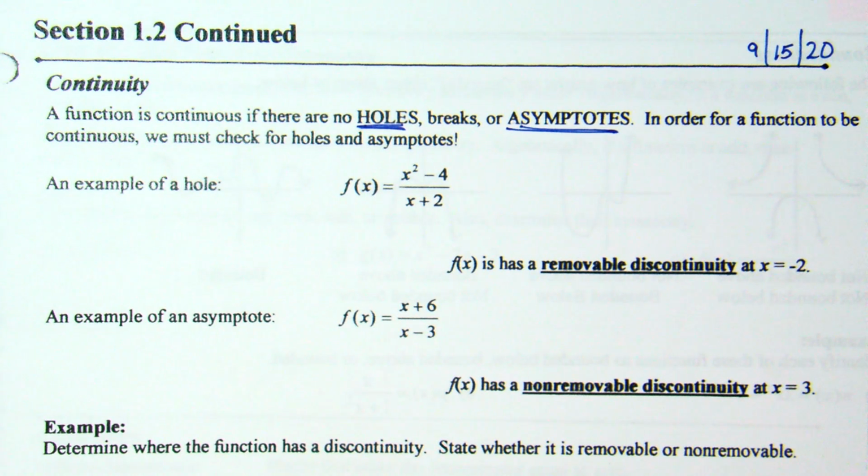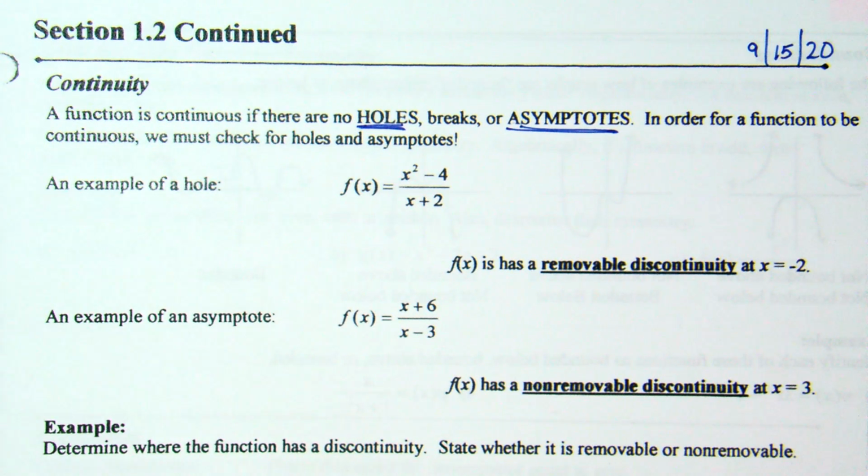And this all comes down to the denominator. Whether we're talking holes or asymptote, it's always about setting the denominator equal to 0. The key is if it's a hole, whatever's in the denominator will also cancel in the numerator. If it's an asymptote, there's no canceling.